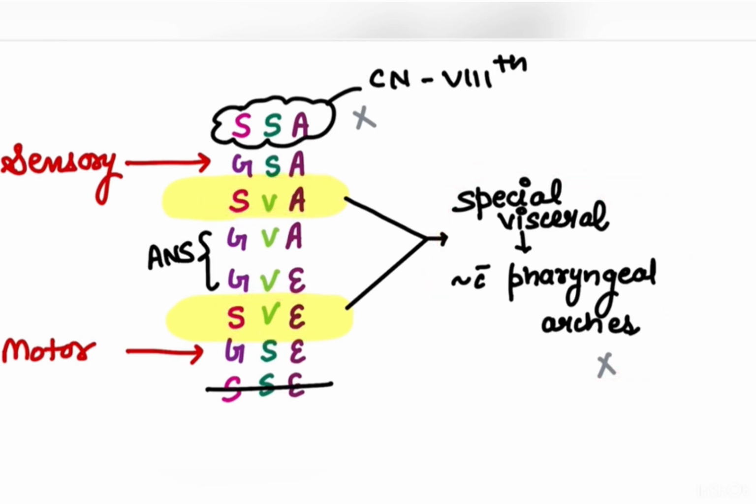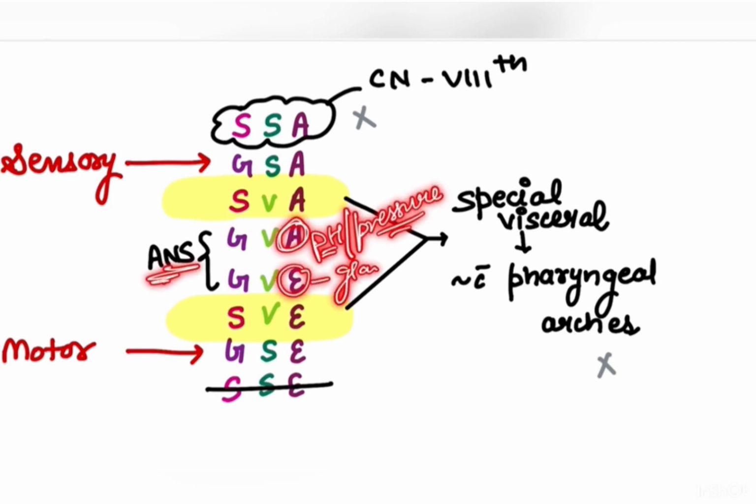Now, in the viscera there is also the general visceral component. The general visceral component, either afferent or efferent, is subjected to the autonomic nervous system. It means when you talk about the sympathetic and parasympathetic system, and you talk about sensations in terms of the pressure inside the organ, or the pH change. These pressure and pH sensations are the afferent component of the autonomic nervous system.